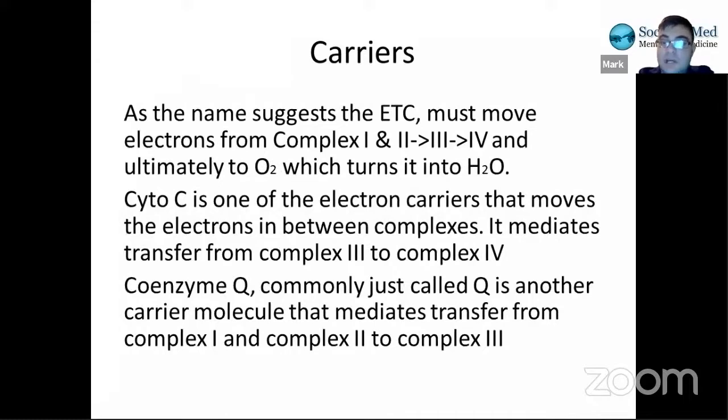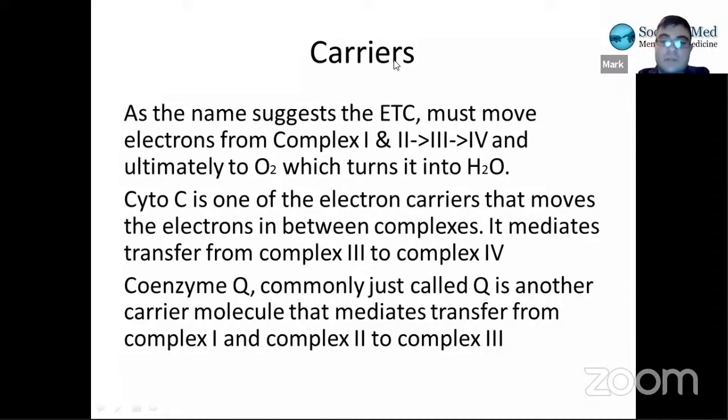So as the name suggests, the electron transport chain must move electrons from complexes 1 and 2 to complex 3, complex 4, and ultimately to O2, which turns it into H2O. So, like I said, as the name suggests, it's a chain that moves specifically electrons down from one place to another.